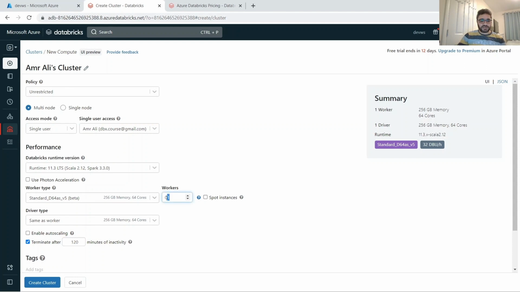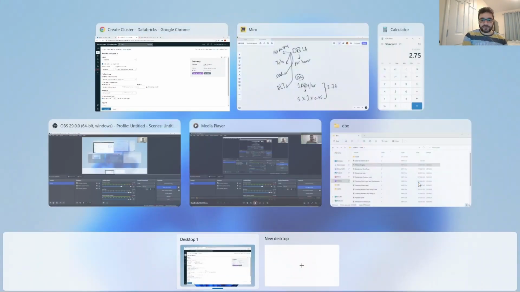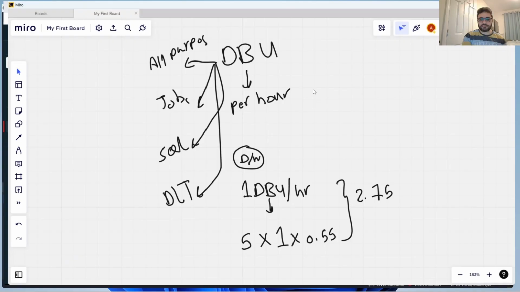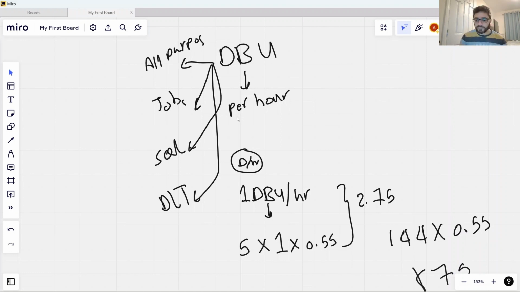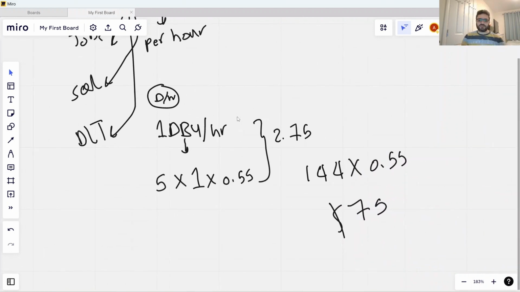Let's add 8 nodes in the cluster. This cluster will burn 144 DBUs per hour. So we have 144 DBUs times 0.55, which comes to approximately, let's say, $75 per hour.